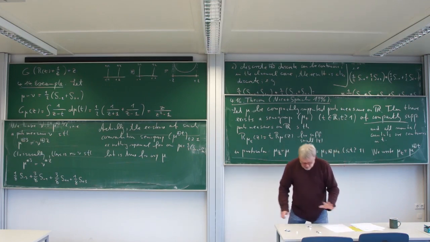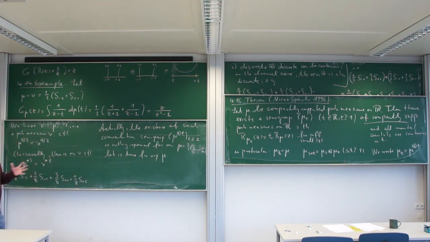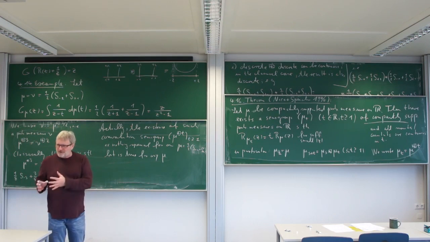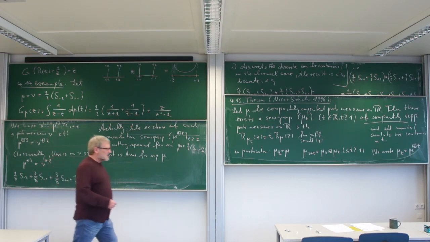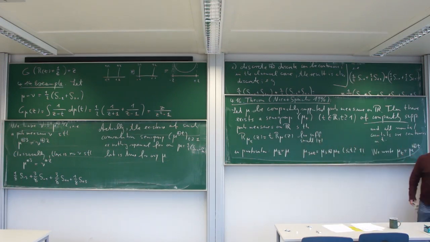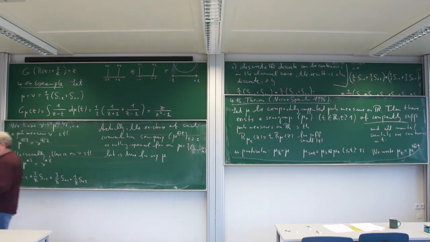Good. Let me give you the proof. The proof uses things which we have in free probability for which we don't have a counterpart in the classical world. Otherwise we would have a similar result in the classical world, which we don't. So the proof is not just a straightforward calculation of the R transform, it requires something more.